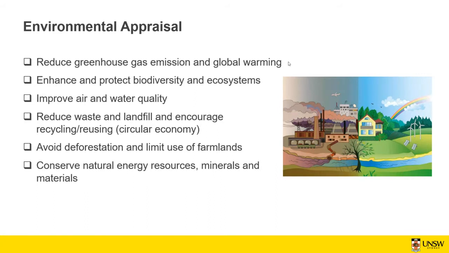Conserving natural energy resources, minerals, and materials, and using renewable energy, are also things that will be looked on favorably by consumers and investors. So those are important, and in your environmental appraisal you can count them as benefits when you're comparing different projects.